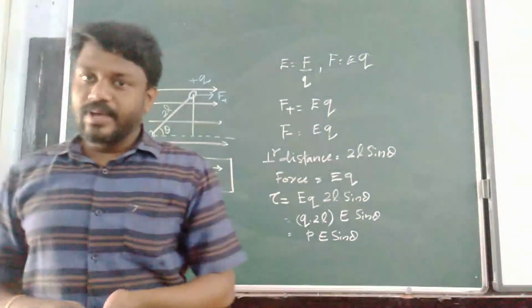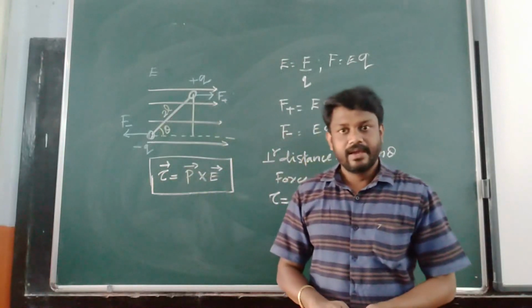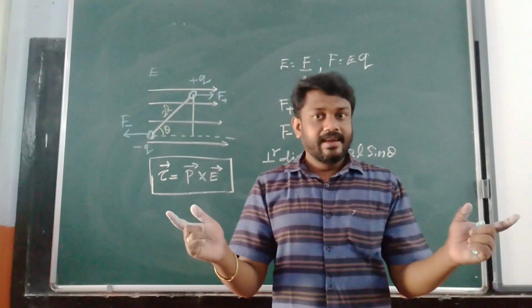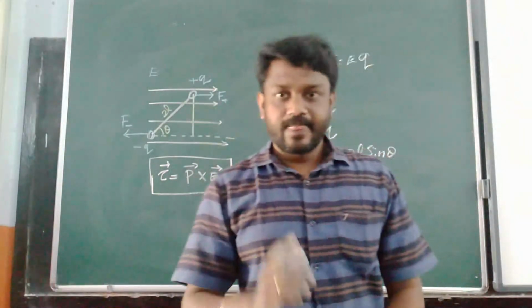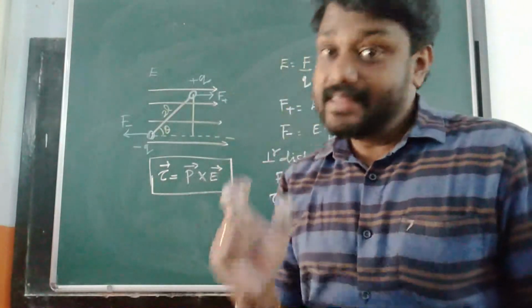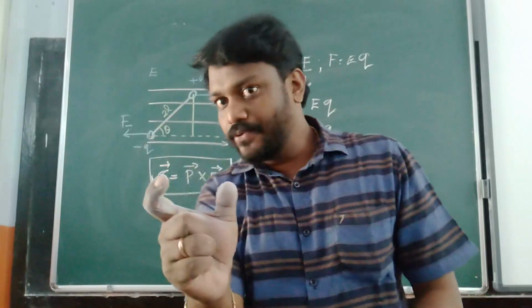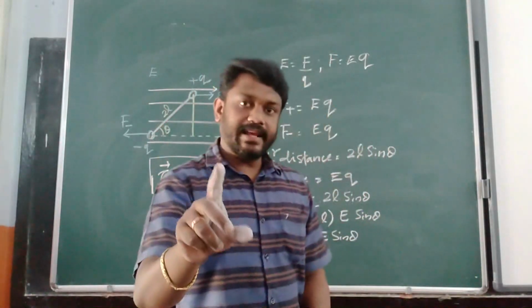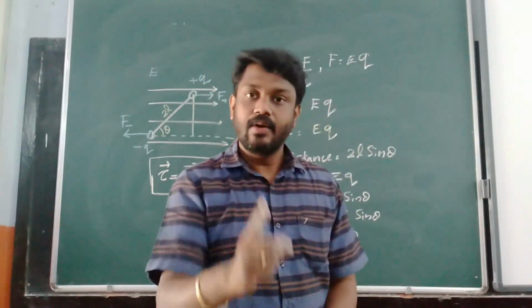So when a dipole is placed in an external uniform electric field, it will not experience any translatory motion, but it experiences a rotational motion. Suppose it is a non-uniform electric field, what will happen?